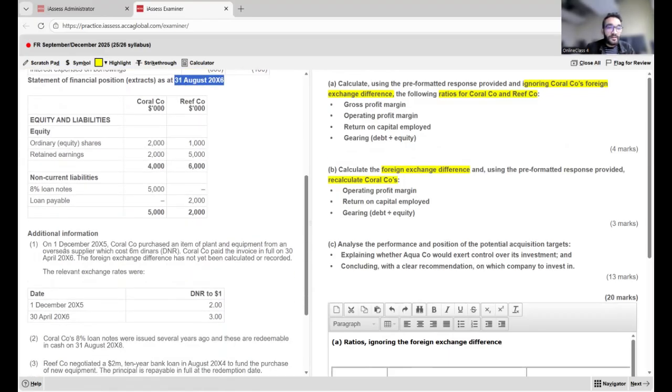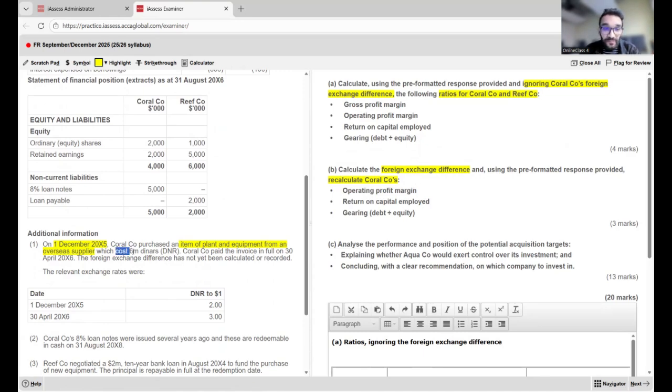Now, on 1st December X5, the year having started at 1st September X5, Coral company purchased an item of property, plant and equipment from an overseas supplier. Please listen very carefully: they have acquired an asset from an overseas supplier. That's why foreign exchange difference calculations are there.